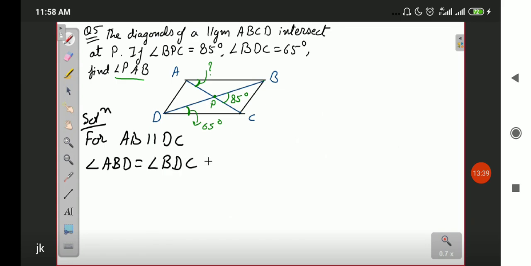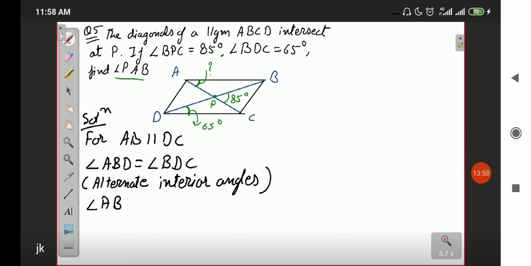Why? These are a pair of alternate interior angles. Therefore, angle ABD is also equal to 65 degrees.